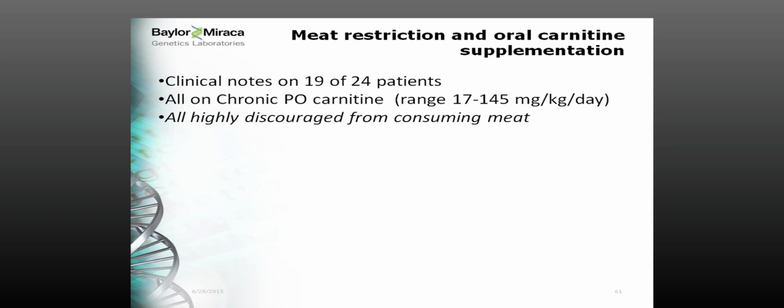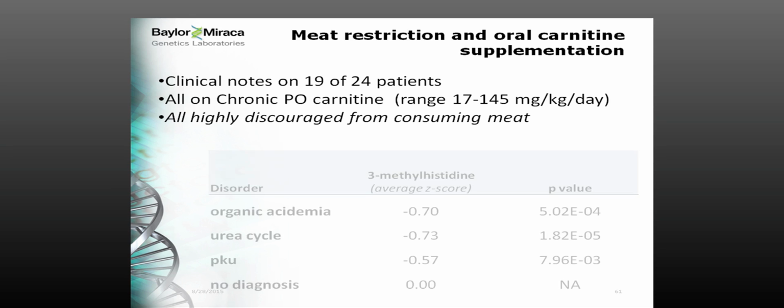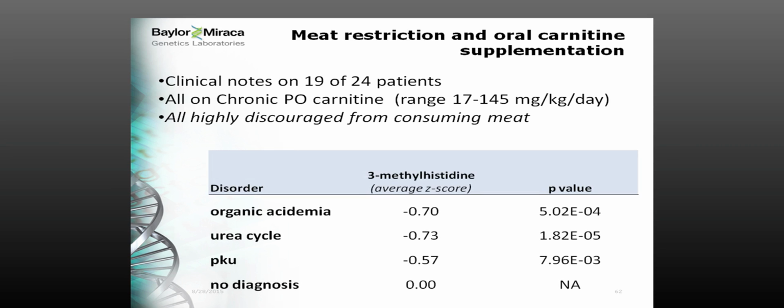Reviewed the chart, and all were highly discouraged from consuming meat, as you might imagine with organic acidemias. I'll also show you some metabolomic data that we looked at to see if we could tell if indeed that was the case, and this is it.